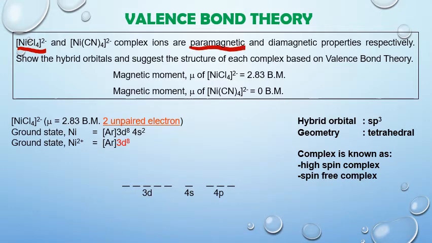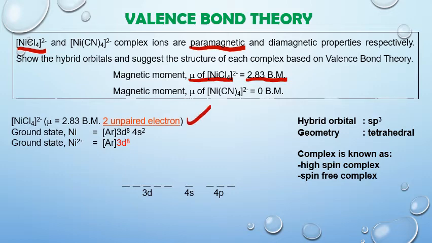So what we know is paramagnetic means the nickel central metal has unpaired electrons. So how many? We look at the magnetic moment here, 2.83 BM, Bohr magnetons. It means that nickel as a central metal has 2 unpaired electrons.